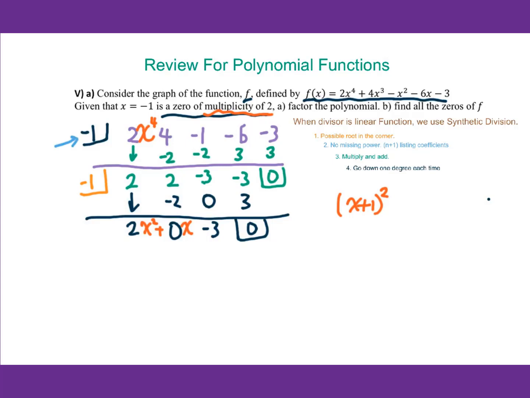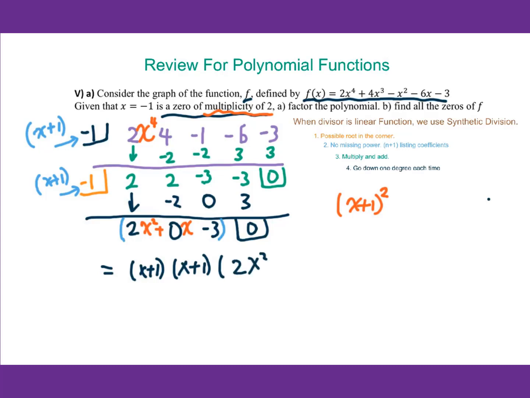Remember, x minus c is a factor, which means x plus 1. From here, we got x plus 1. This is another factor. Therefore, it equals x plus 1 times x plus 1 times 2x squared.